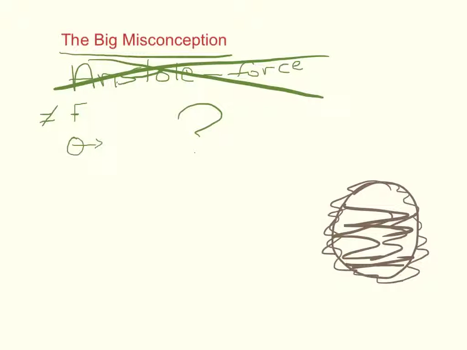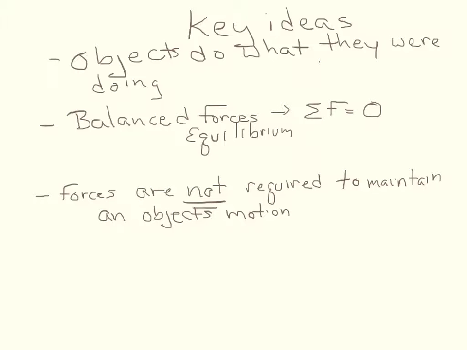Also, we live in a gravitational field, and that gravitational field causes objects to be accelerating towards the center of the Earth at a rate of 9.8 meters per second every second. Now, do these facts negate Newton's first law of motion? Well, of course not. They just help us to understand what we observe.